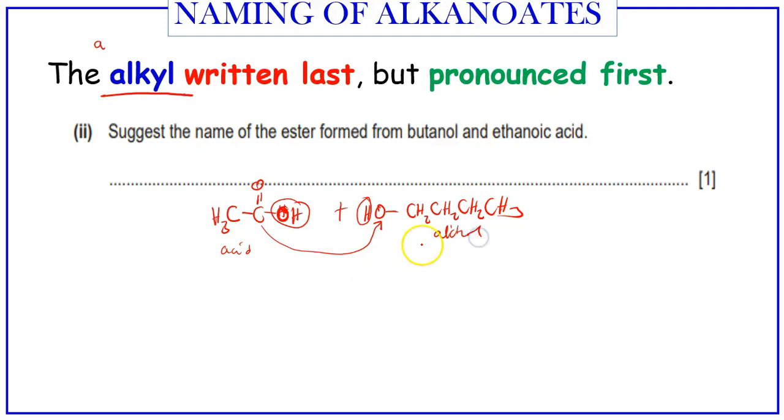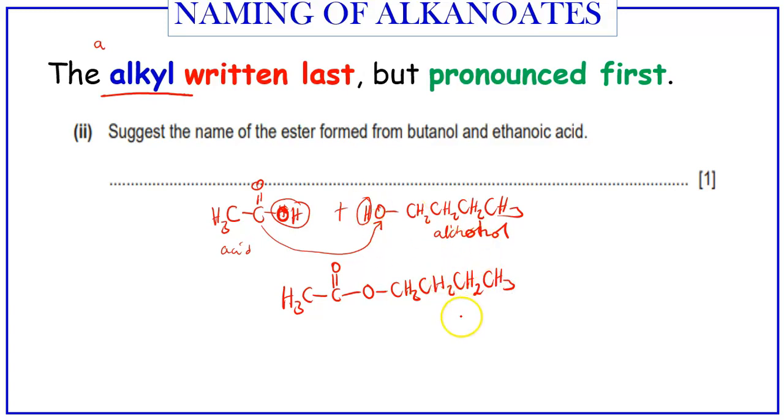Alcohol is written last. Okay, so let's write the condensed structure of the ester formed. We'll have this to O, then to CH2, to CH2, to another CH2, and CH3.